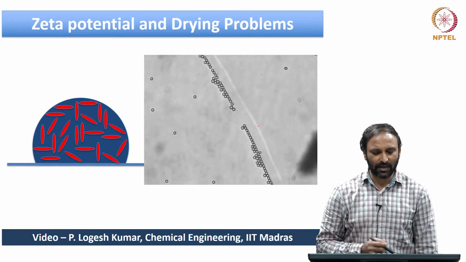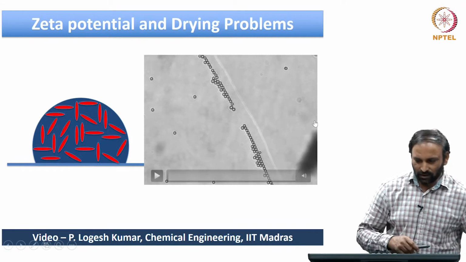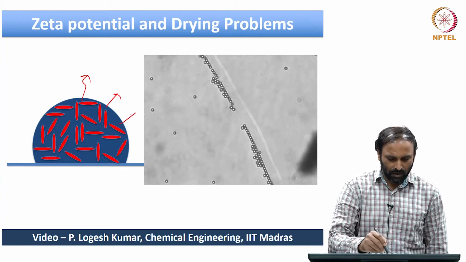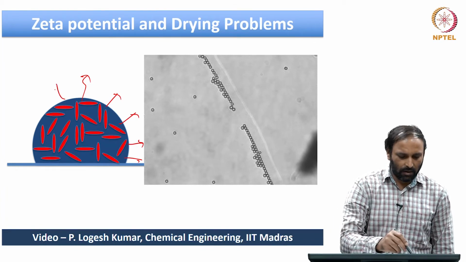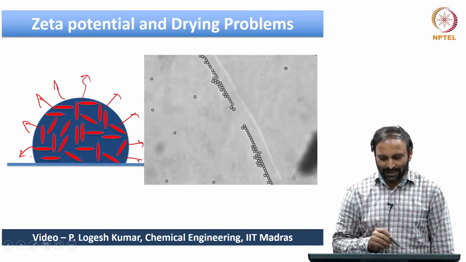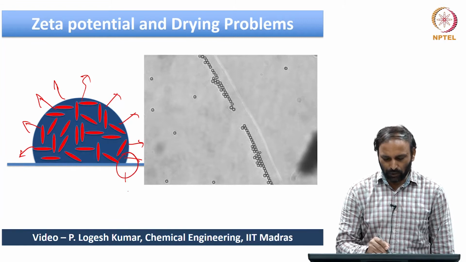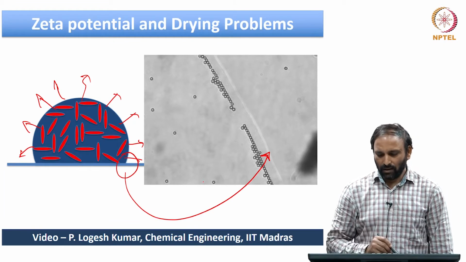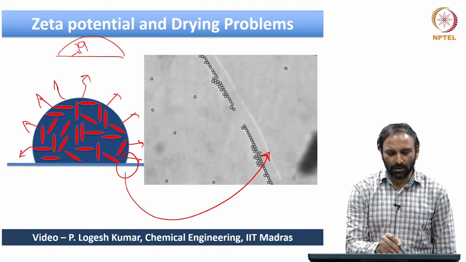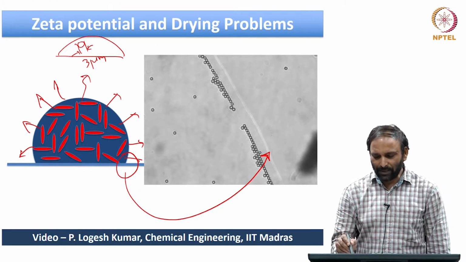So, what happens in a drying problem is that when the liquid evaporates from the free surface of the drop, what is called a capillary flow is established, and this capillary flow drives the particles to the contact line. What we are looking at is a movie where there is a dispersion of particles. These are 3 micrometer particles, 3 micrometer in diameter, and we are looking at what happens at the edge.